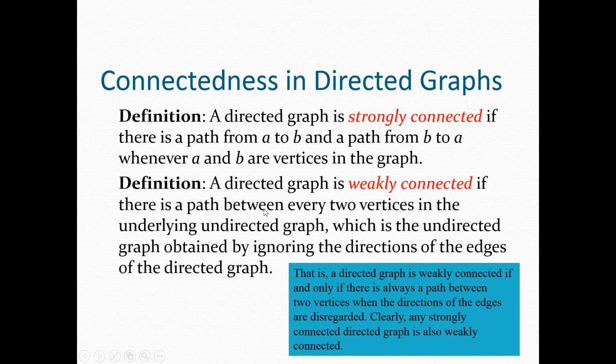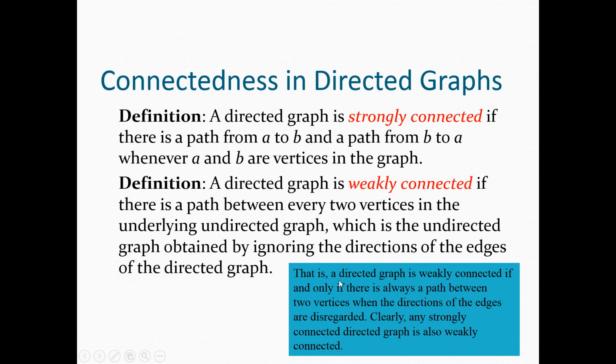And weakly connected graph: a directed graph is weakly connected if there is a path between every two vertices in the underlying undirected graph, which is the undirected graph obtained by ignoring the directions of the edges of the directed graph.